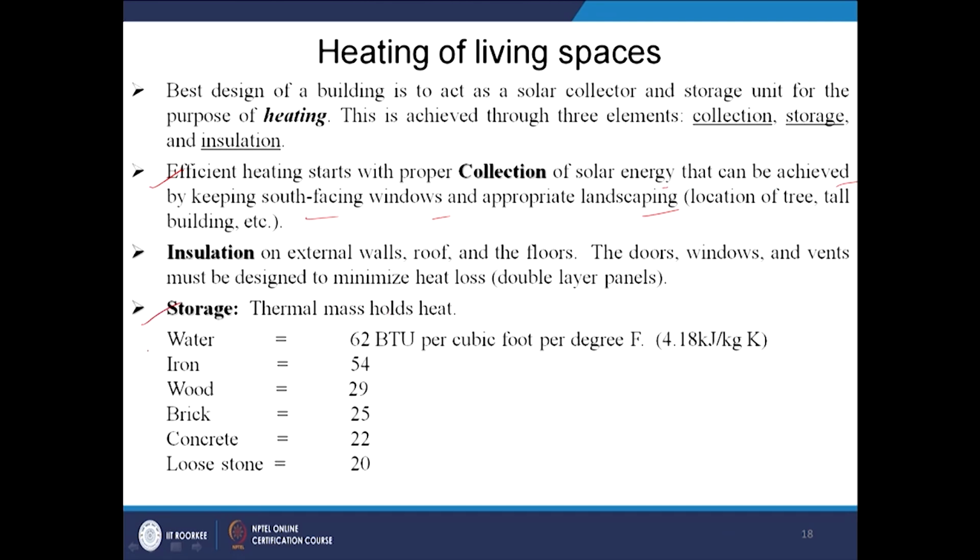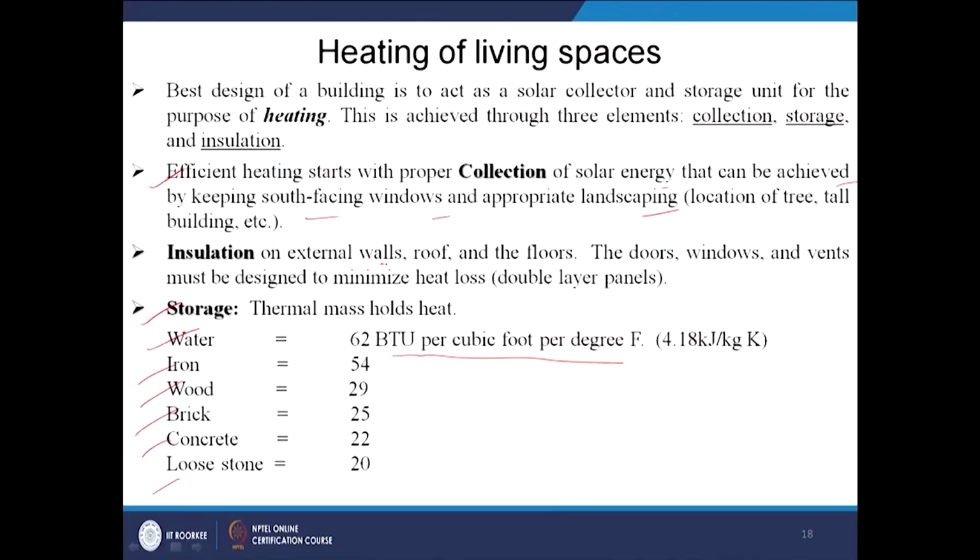Some examples are water, iron, wood, brick, concrete, loose stone, which can store different amounts of energy per cubic feet per degree Fahrenheit, and some data are given. Insulation also reduces the loss from the room, and on external walls, roofs and floors we can use some insulating materials, so that the building can be a green building in nature.